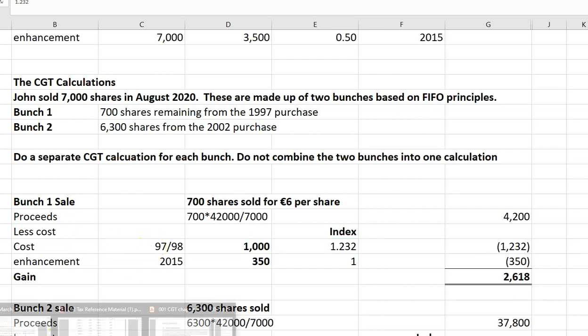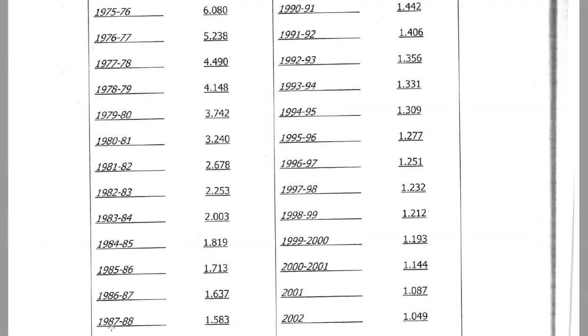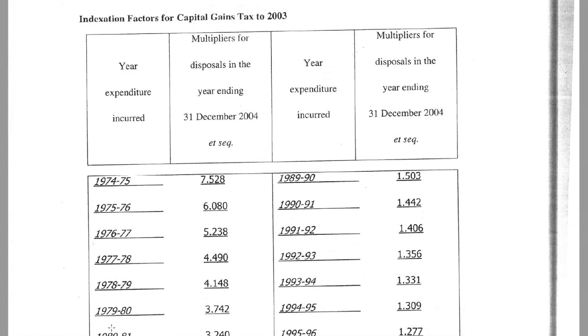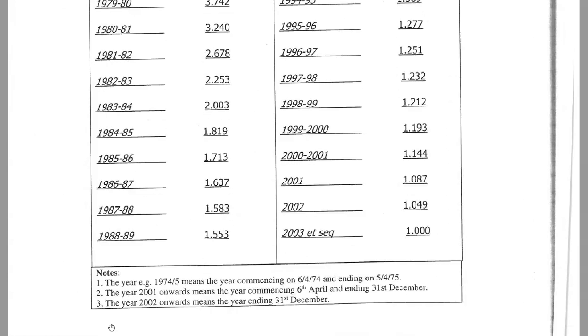So which is 97, 98, we go to our indexation table. And the rules are down here. You can pause that if you don't know them. In 97, 98, which is September, is 1.232.